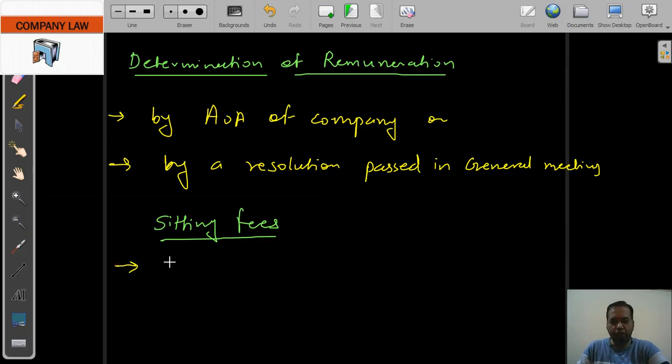Sitting fees are given for attending the meetings of the board or committee thereof.